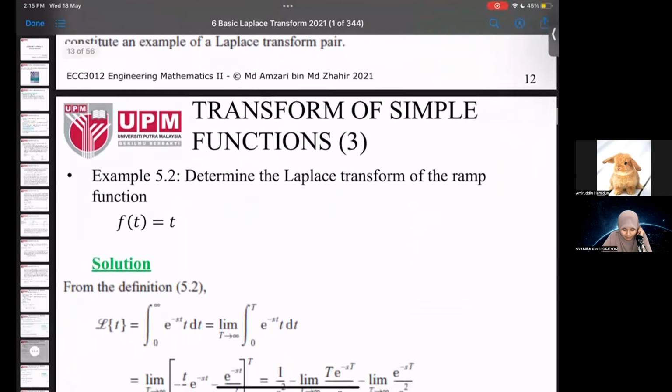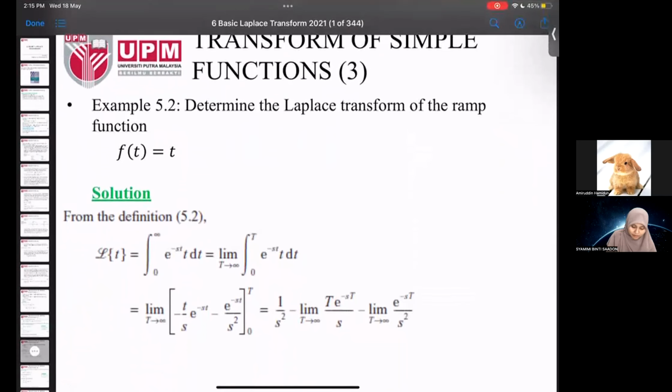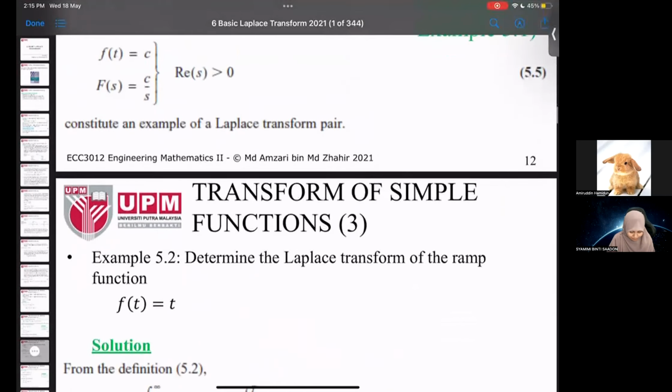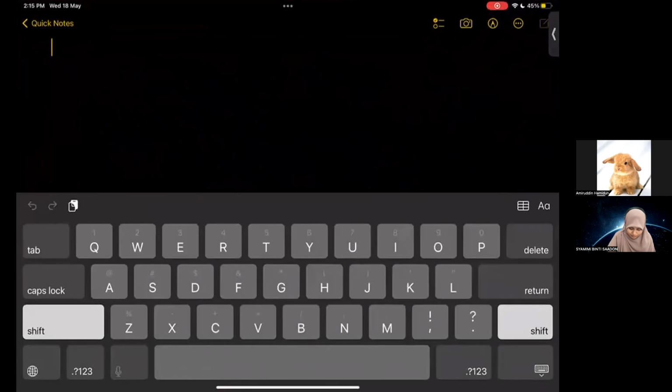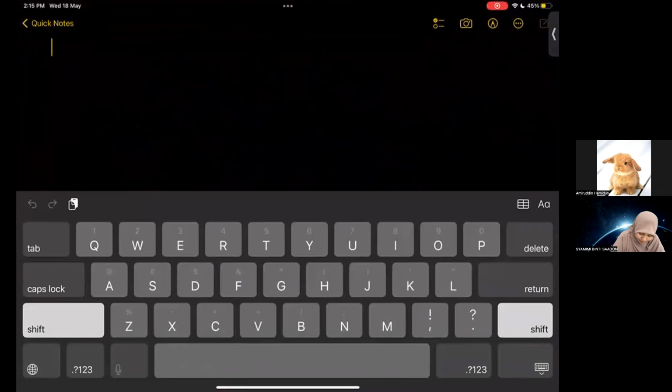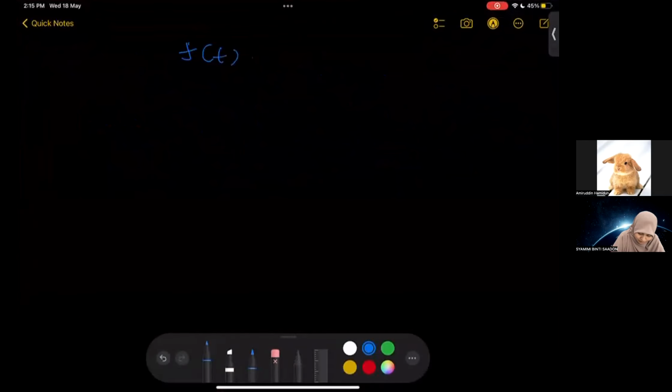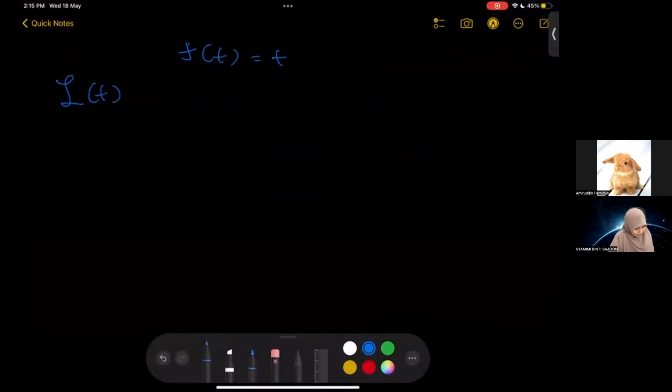Next, determine the Laplace transform of the ramp function, which is defined as t. Now t is not a constant, t is a variable. So what will be the Laplace transform of t? Writing f of t equals t, the Laplace transform for t equals the integral from 0 to infinity of exponential minus st times t dt.